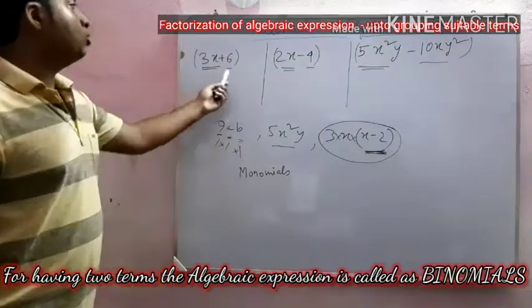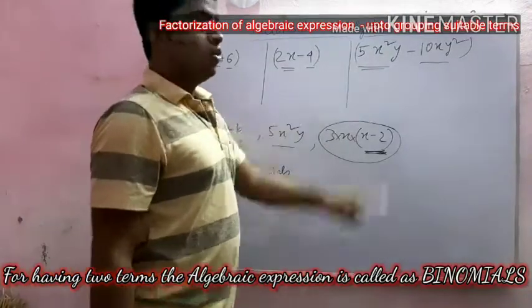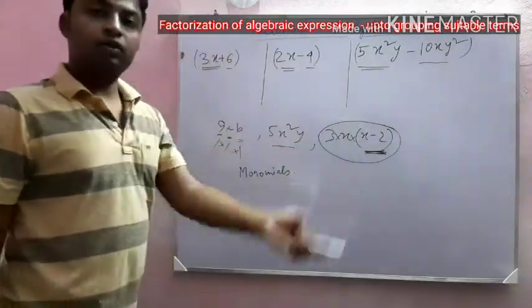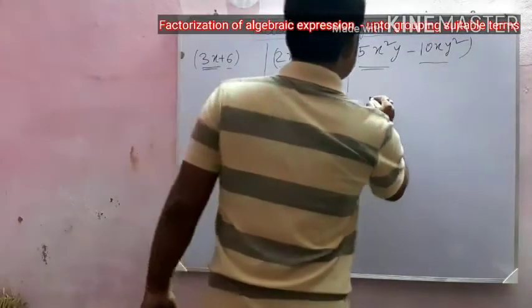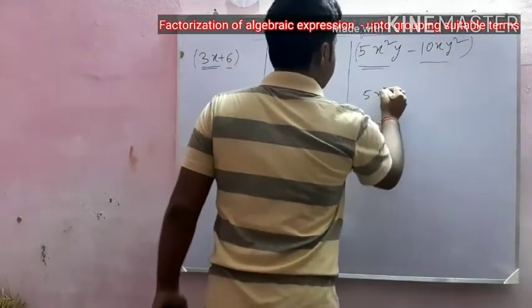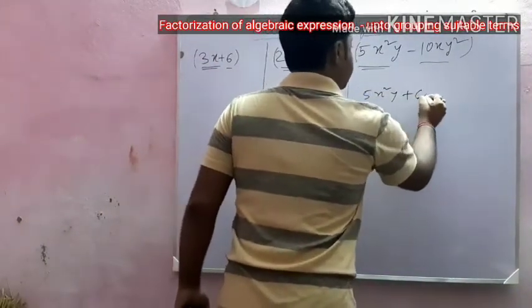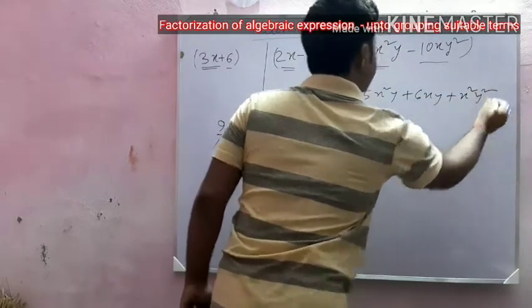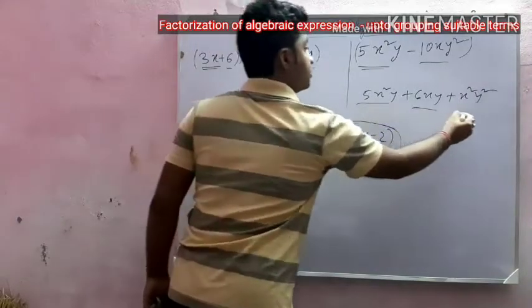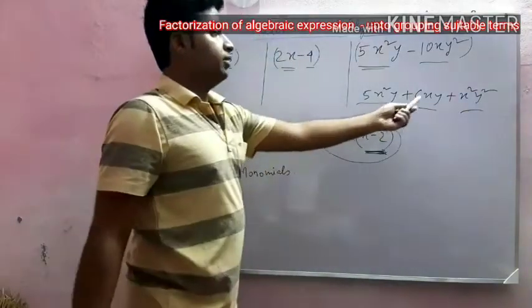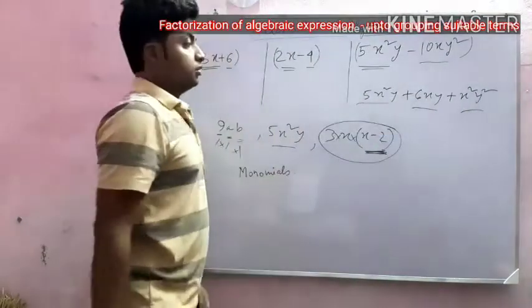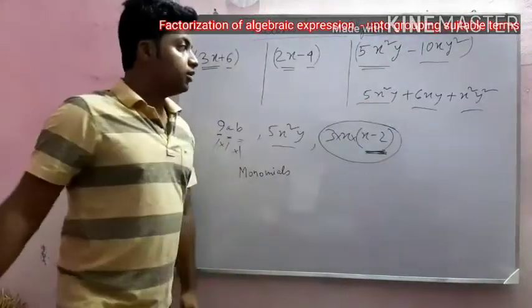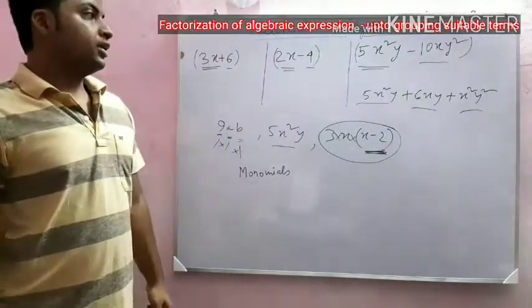If there are two terms, they are binomials, and there may be three or more terms. 3 terms means 5x square y plus 6xy plus x square y square. See, here are 3 terms. They are added with each other, right? This kind of expression is called a trinomial.